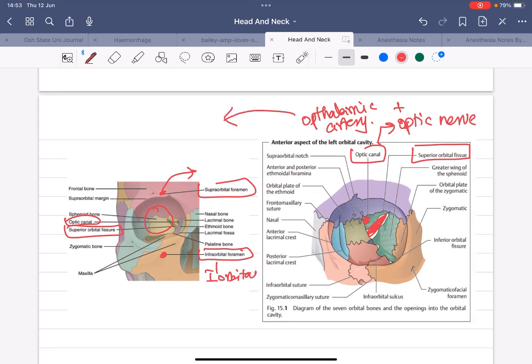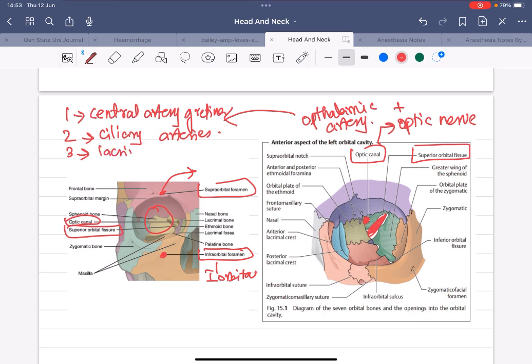That is number one, the central artery of the retina. Number two, ciliary arteries. Number three, lacrimal arteries.